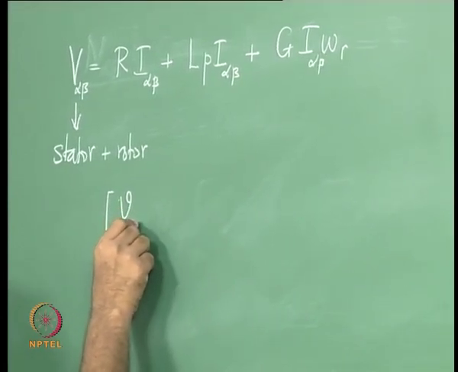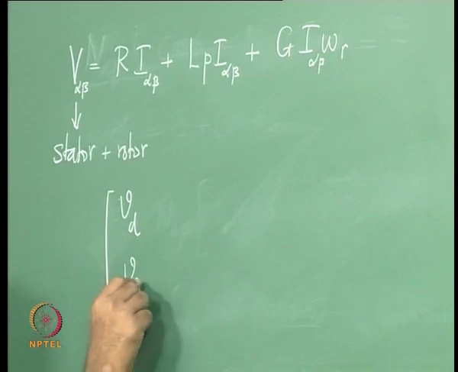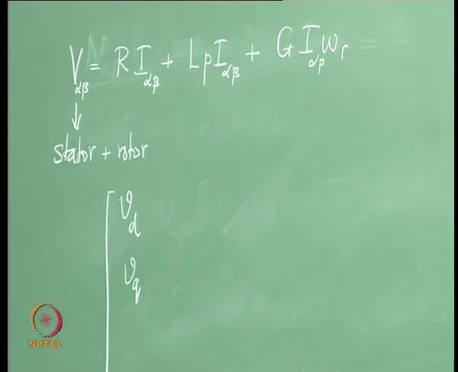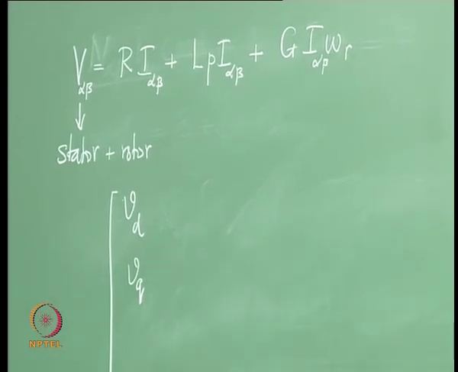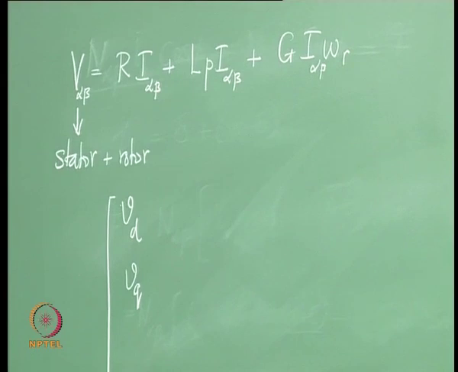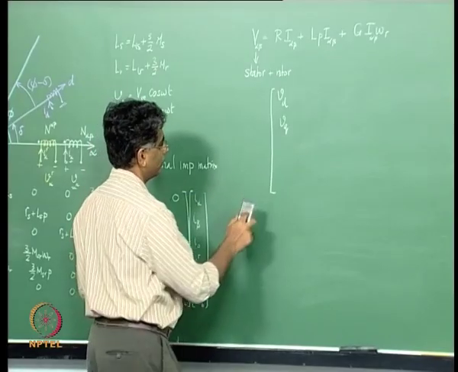You have Vd, Vq, so we have a relationship which we want to define from the alpha beta to the dq reference frame.